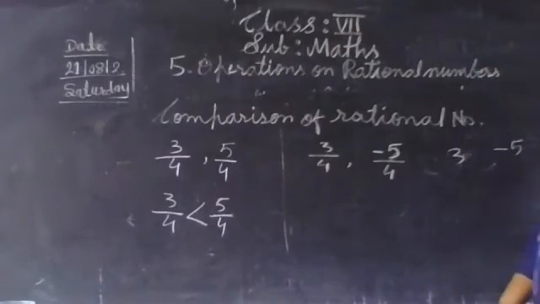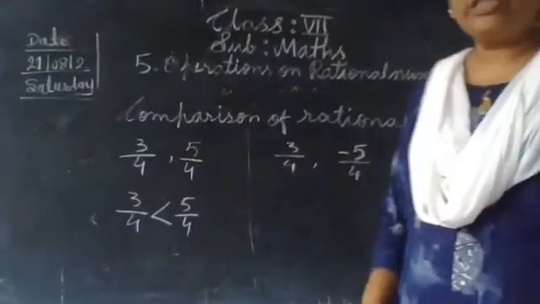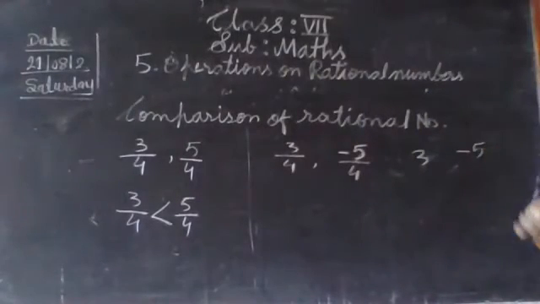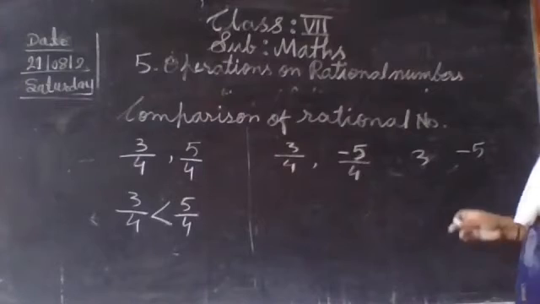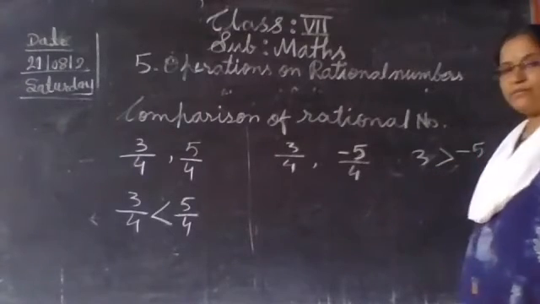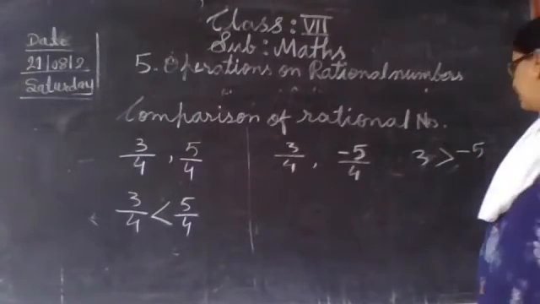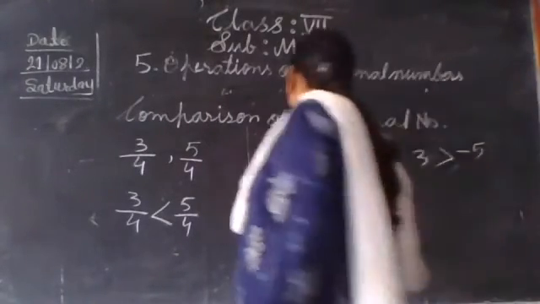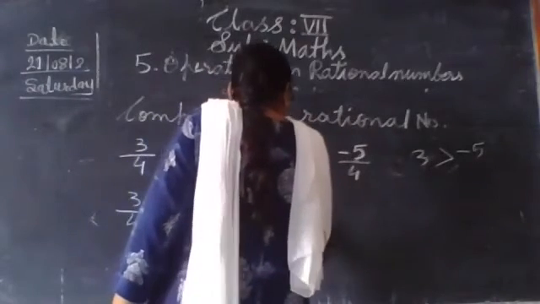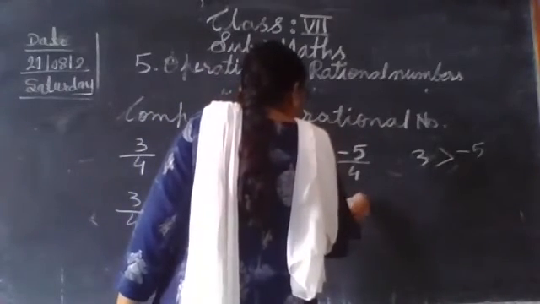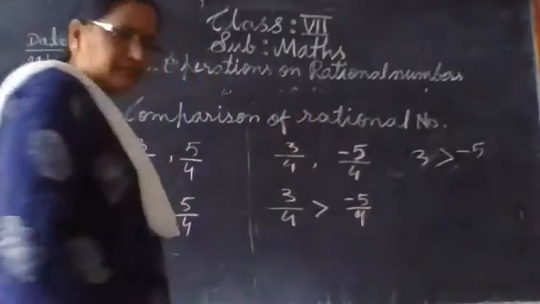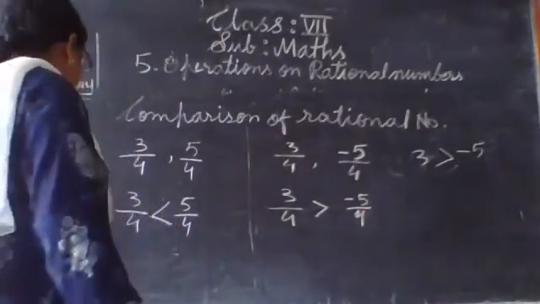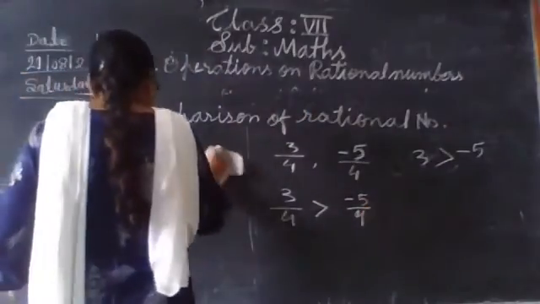You have already learned in integers that a negative number is always smaller than all positive numbers, and also smaller than 0. So which one is greater? Positive 3 is greater than minus 5. So this means 3 upon 4 is greater than minus 5 upon 4. Got it, children?